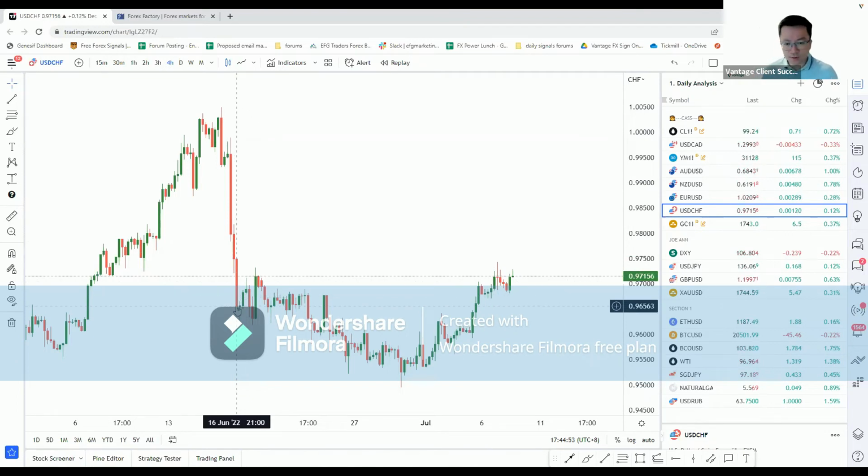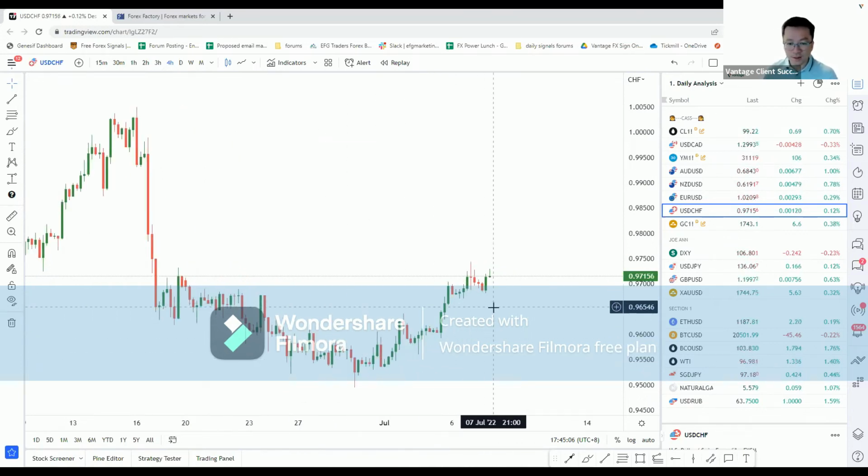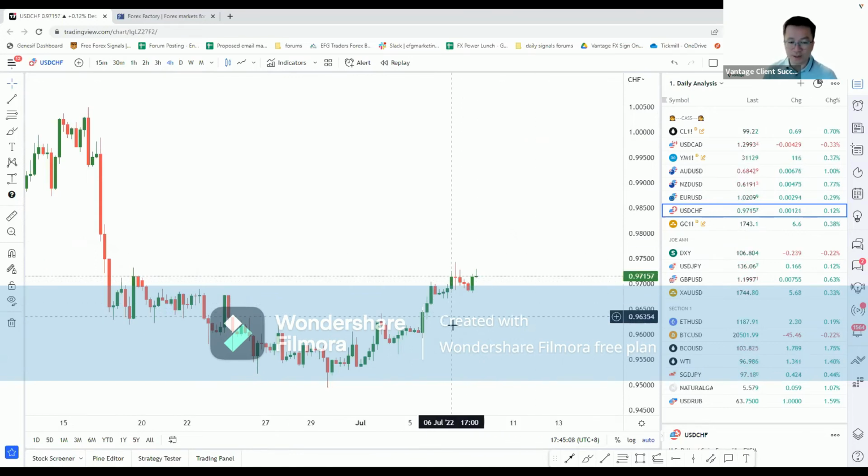So all the way down towards that 0.9657 level. Since then, we saw limited downside before that push higher, and this push higher is on the back of that dollar strength.